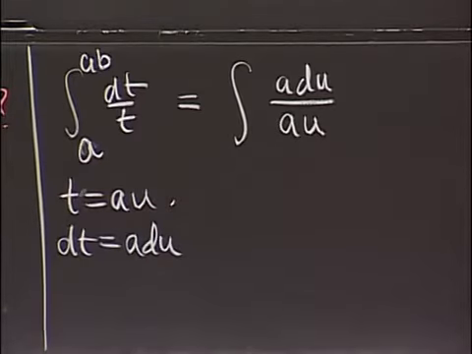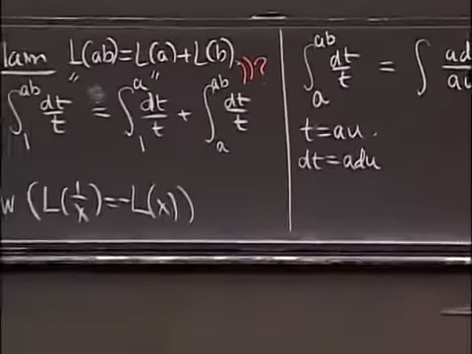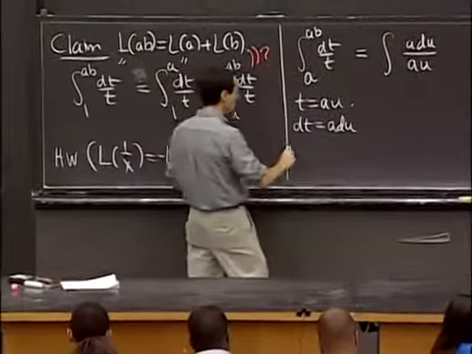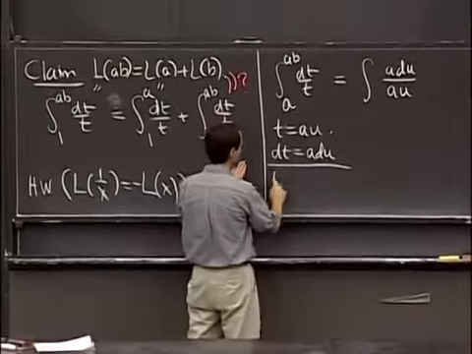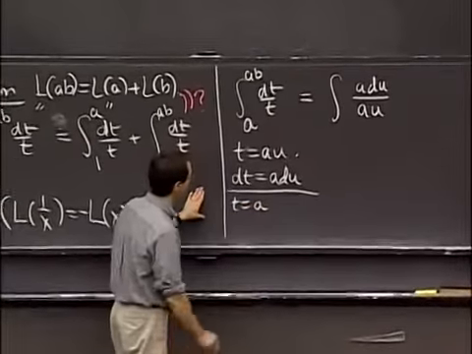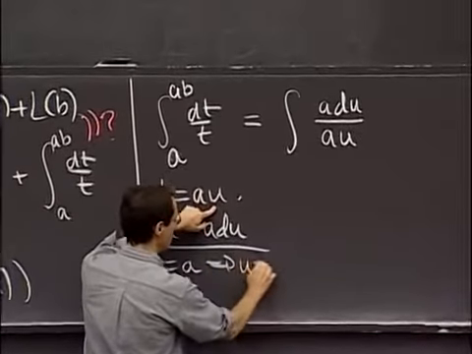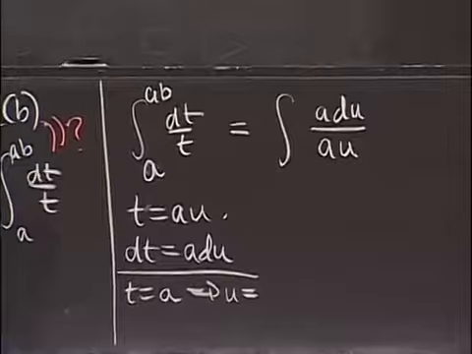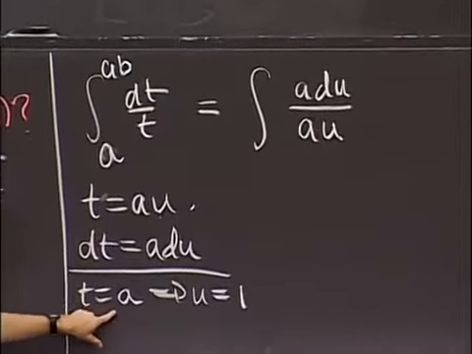But on top of this, with definite integrals, we also have to check the limits. And the limits work out as follows. When t is equal to a, that's the lower limit. T is equal to a times u, so that means that u is equal to what? It's 1, because a times 1 is a.